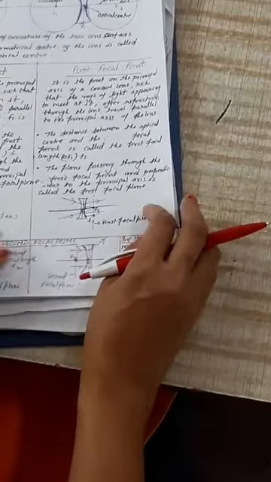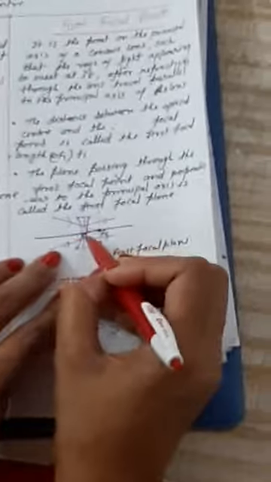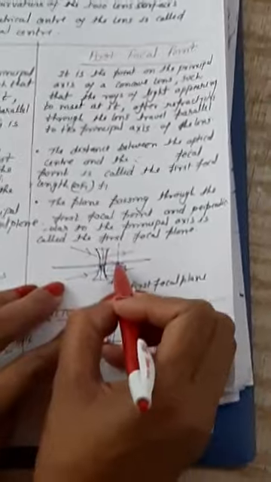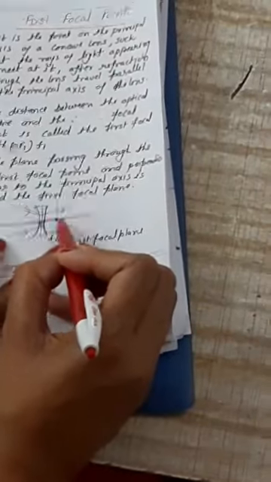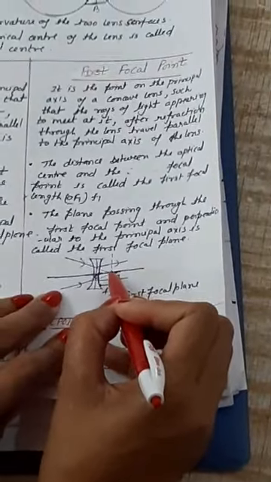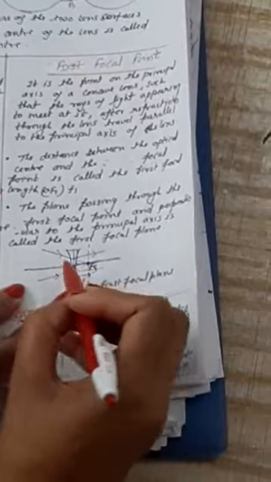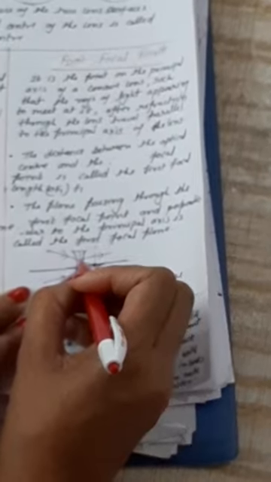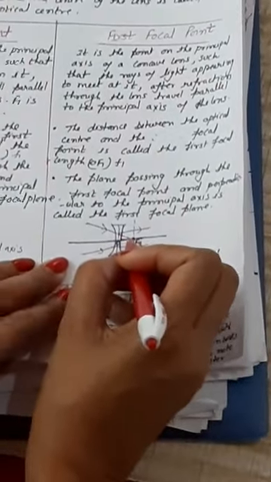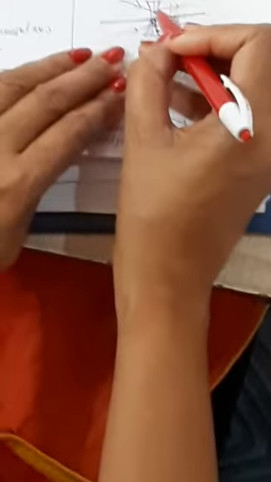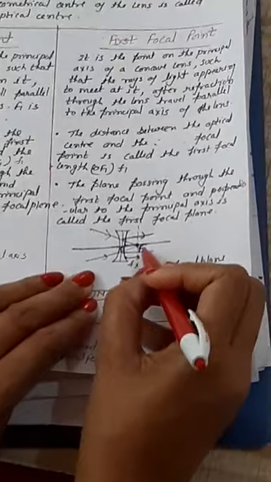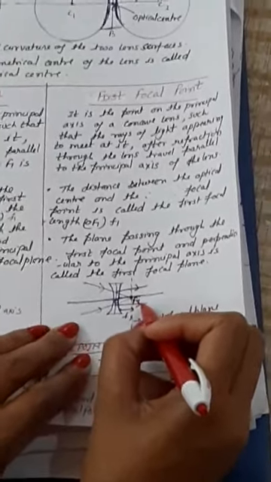Now we are going to talk about the concave lens. See, it is the point on the principal axis of a concave lens. This F1 is the first focal point on the principal axis of a concave lens such that the rays of light appearing to meet at it. Actually it is not meeting but appearing to meet at it. After refraction, you just see, the ray of light is parallel to the principal axis.